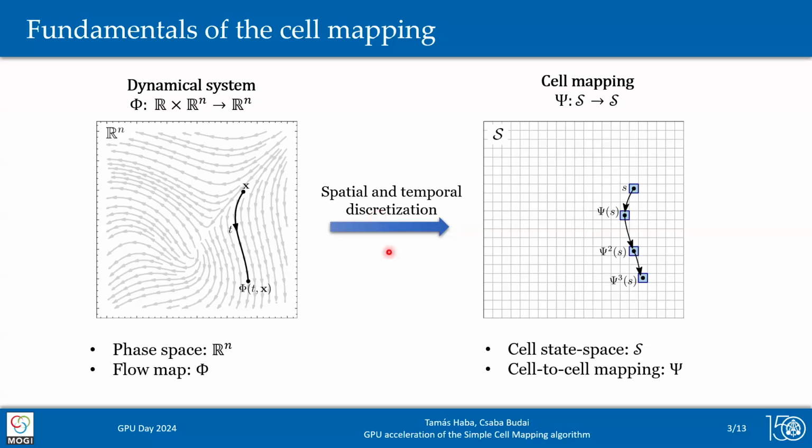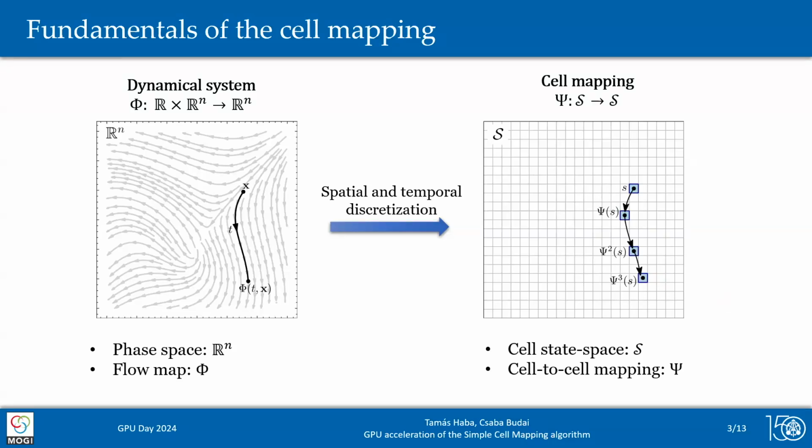Instead of the phase space, the analysis is carried out on a so-called cell state space, which is a finite discretization of the phase space. And instead of the flow map, we have a cell-to-cell mapping. Using this cell-to-cell mapping, we can iterate this function and build cell sequences.